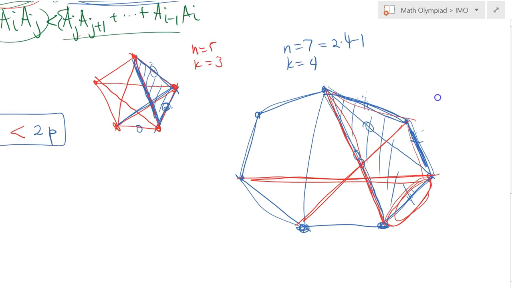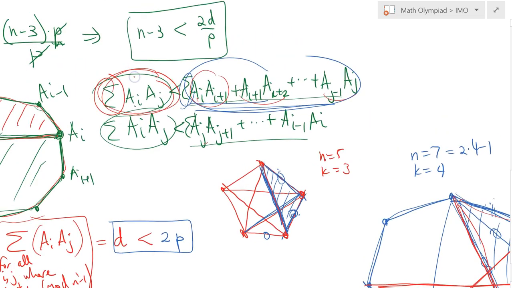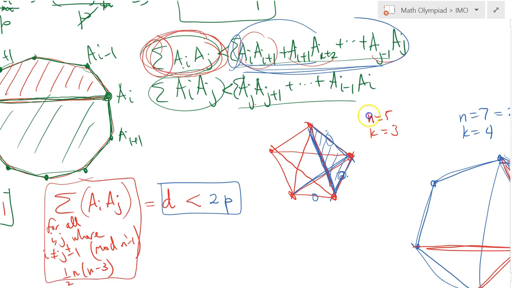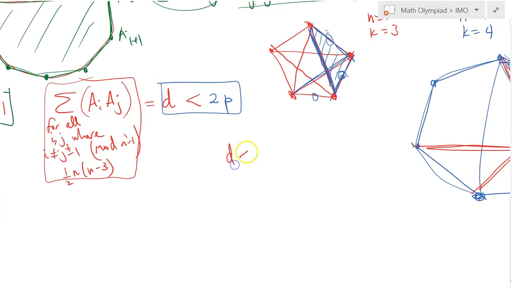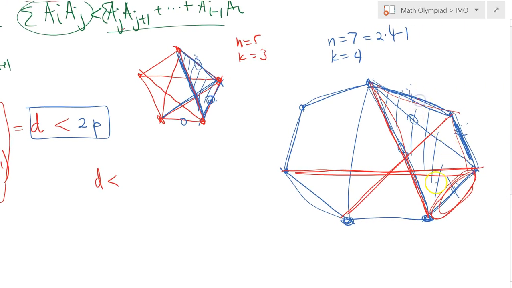So our formula becomes, and the left hand side doesn't matter, when you add all these diagonals across all the potential diagonals, that will give us d on the left hand side, the sum of the diagonals, right? So we still have d strictly less than, we decided 2 plus 3, right? So 2 plus 3 times p, which is 5p.